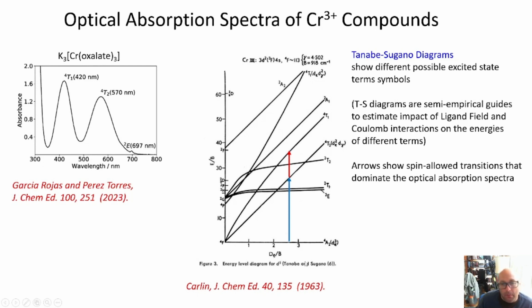And so what's important about this? A couple things. This is a semi-empirical diagram, in the sense that there's a lot of model assumptions that go into it.